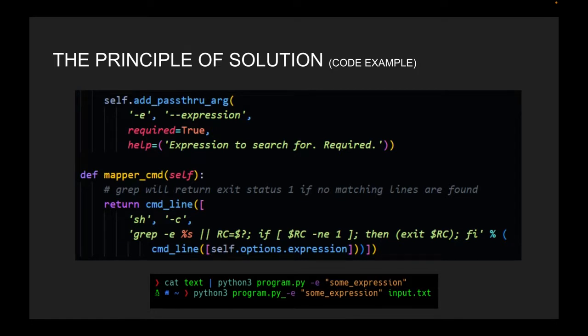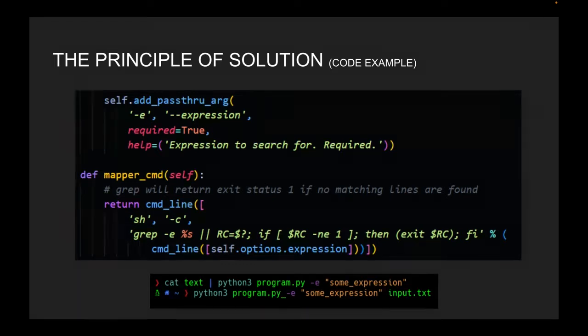It is minus e, that is going to take an expression given by the user. So another possible execution is the next one, when we are using the argument and also taking the text.